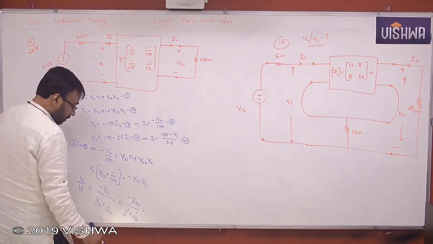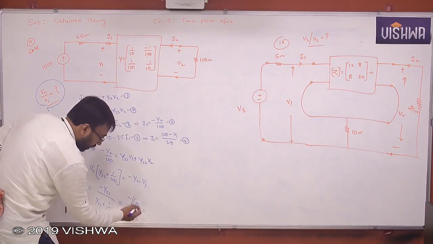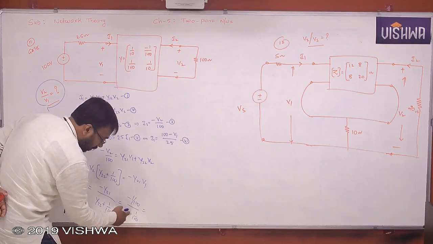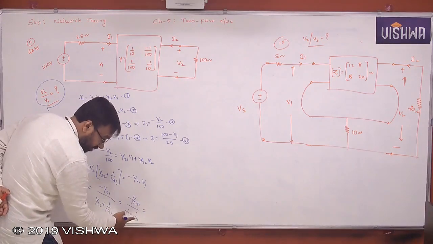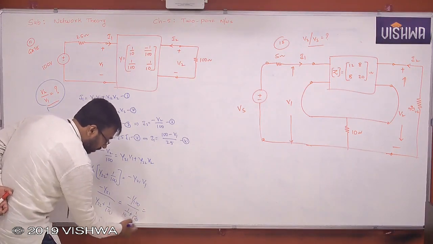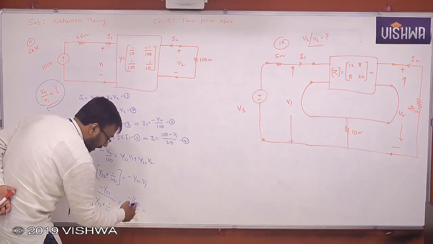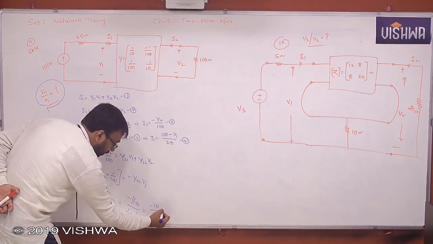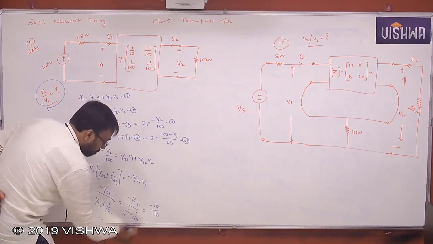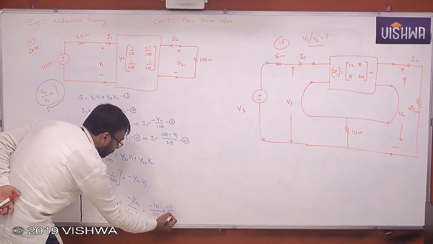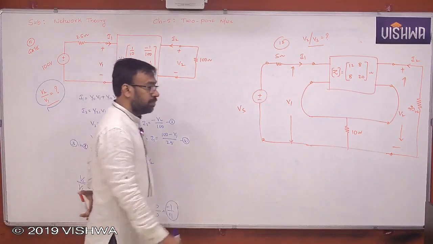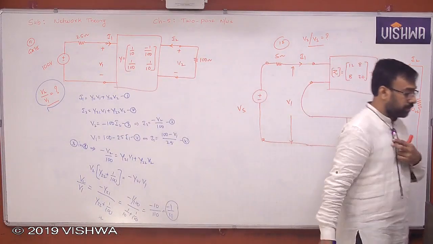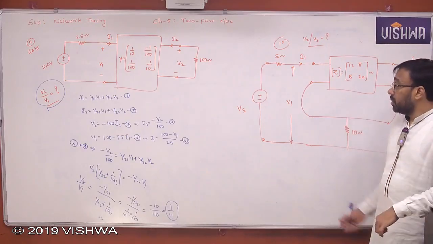The 100 gets cancelled, but 10 here, 100 plus 10, so 110. Yes or no? 110. And you get 100 cancelled, and 10 by 110. So finally you will get minus 1 by 11. That's it. You got the answer.